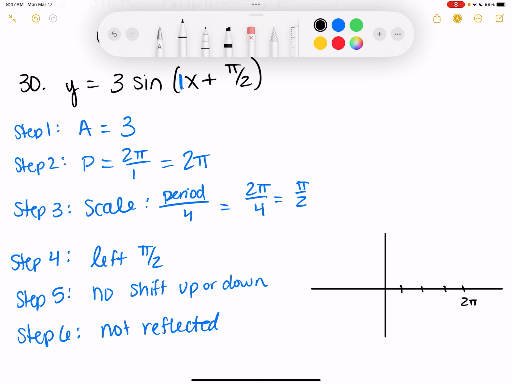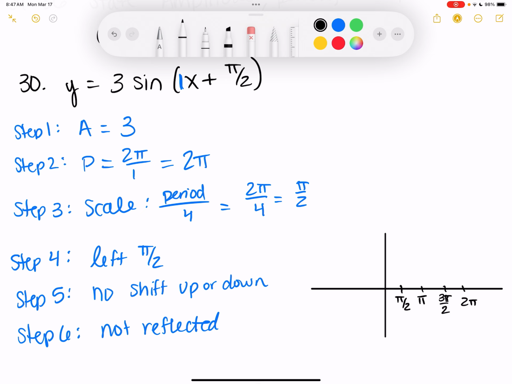My scale tells me what each tick mark is leading up to that. So the first one would be pi over 2. The next one will be 2 pi over 2, which reduces to pi. Then 3 pi over 2. And then 4 pi over 2 reduces to 2 pi, which is where I need to get to.